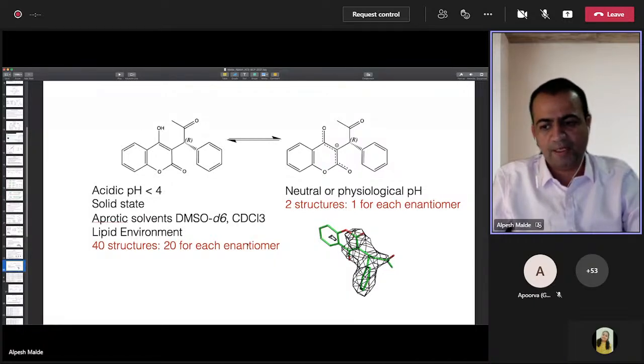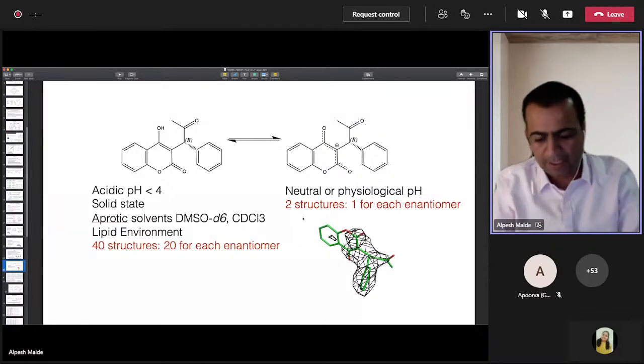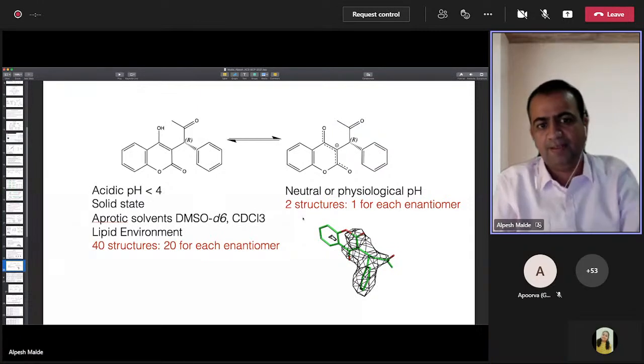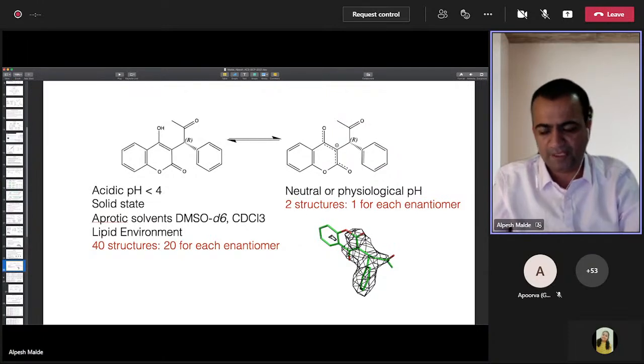So when you're taking a racemic warfarin, there are likely to be 40 to 42 chemical moieties floating around in your body, which kind of indicates why warfarin has such a complex pharmacokinetics and monitoring issues. And again, these are difficult to study by experiments, because when you crystallize, you're going to crystallize one state.